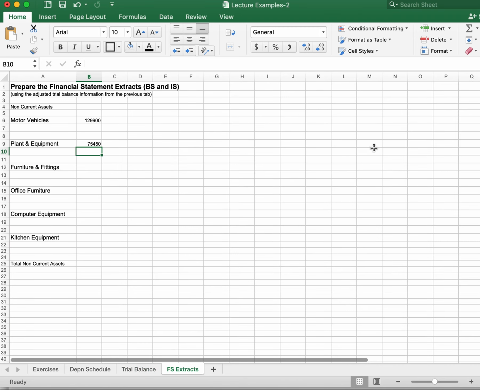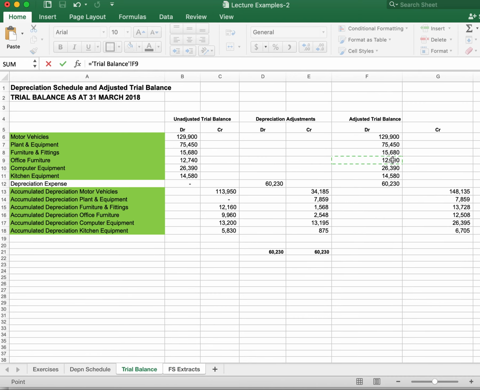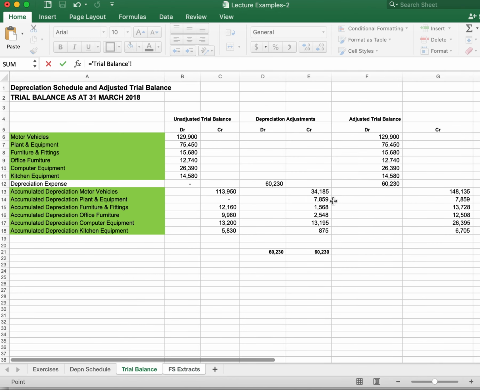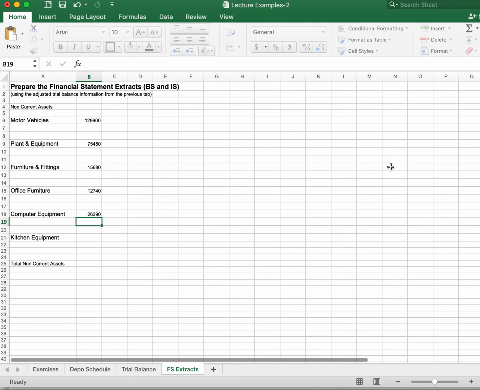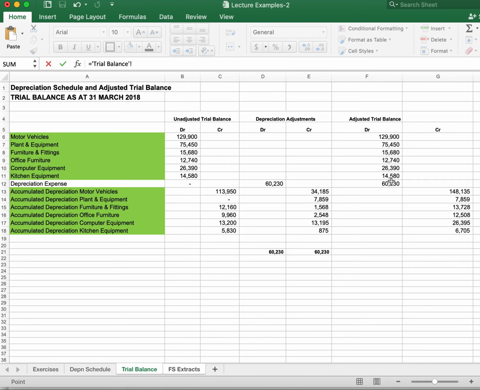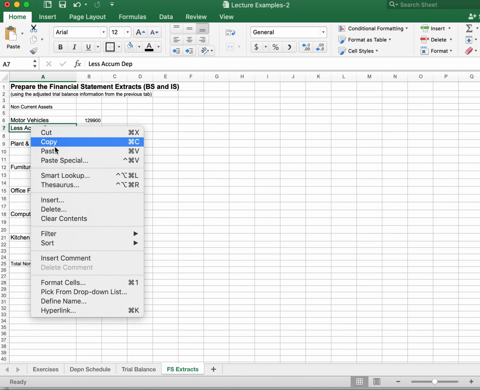There's obviously faster ways to do this, but anyway, while I'm doing this, office equipment. Computer equipment. Okay, that's all pretty good. All right. Okay, so whatever it is.